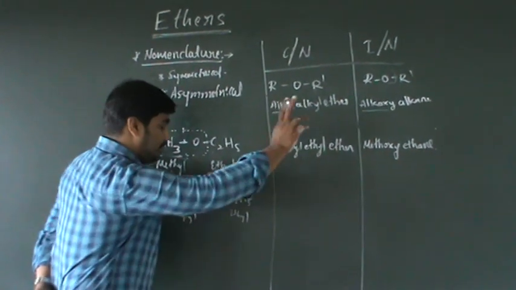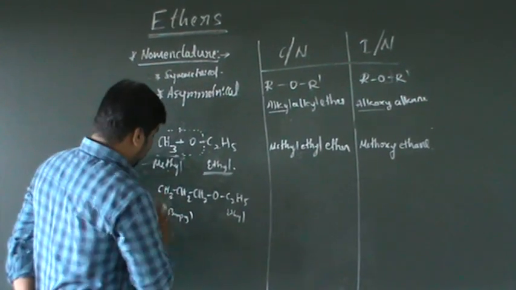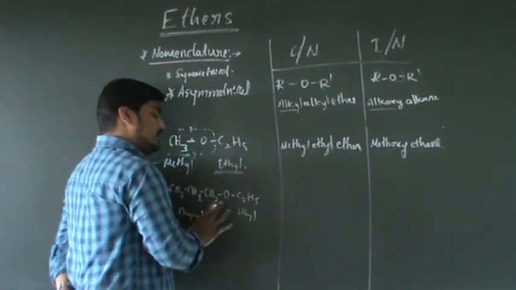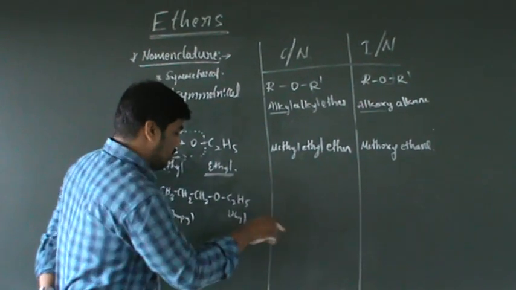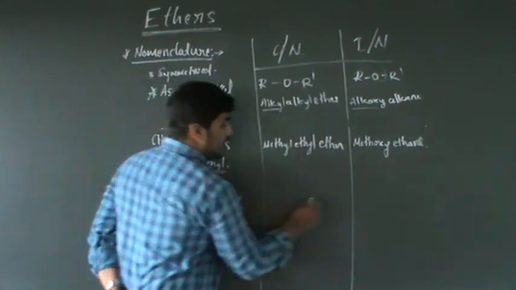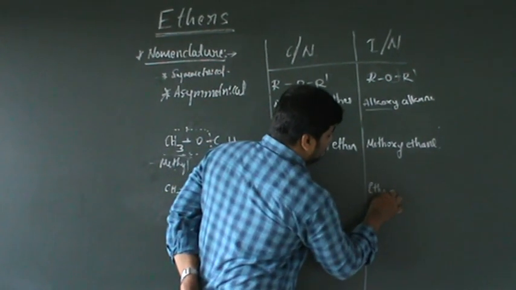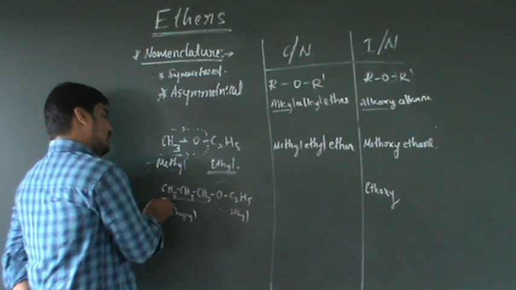Therefore, what is the IUPAC name of the compound? We should consider that the alkoxy part contains the lesser number of carbons. The ethyl part contains fewer, therefore it becomes ethoxy. How many carbons on the other side?